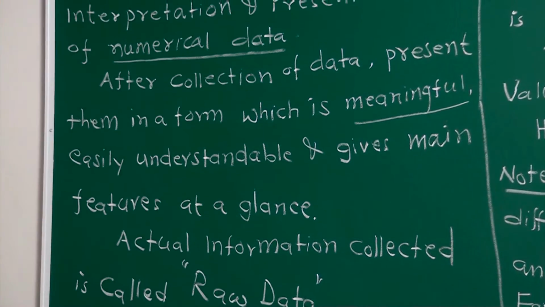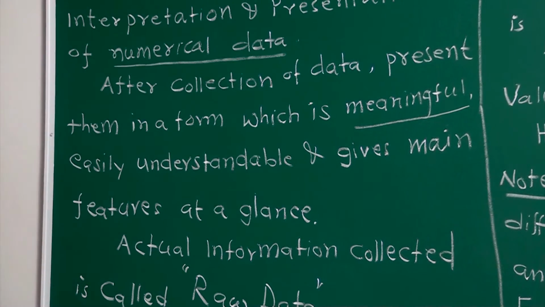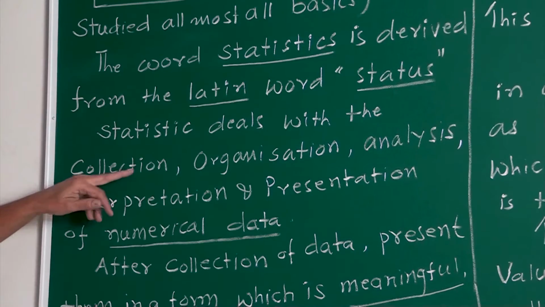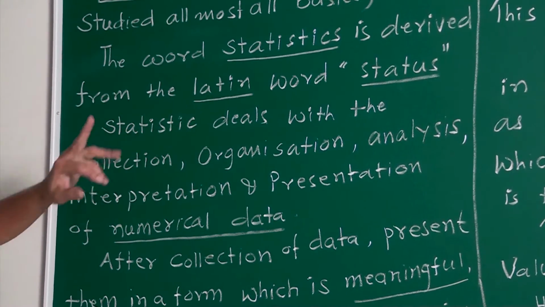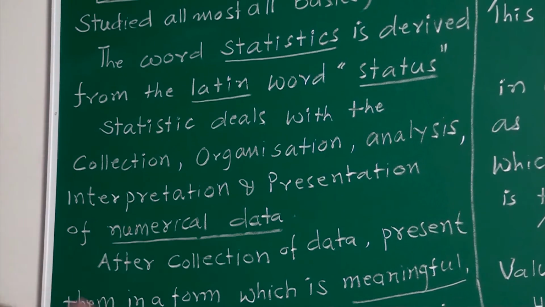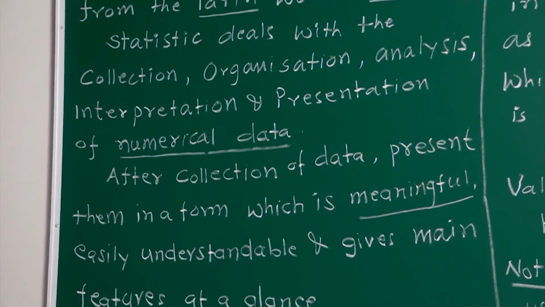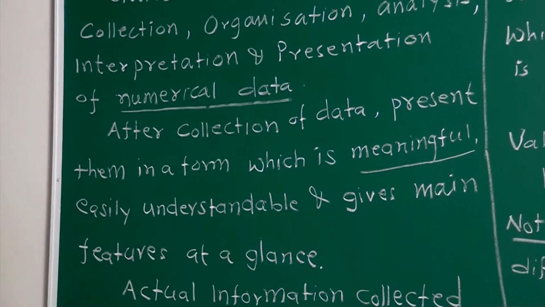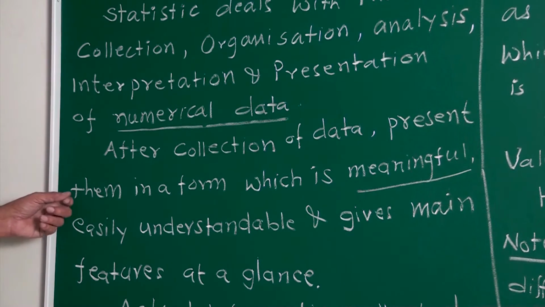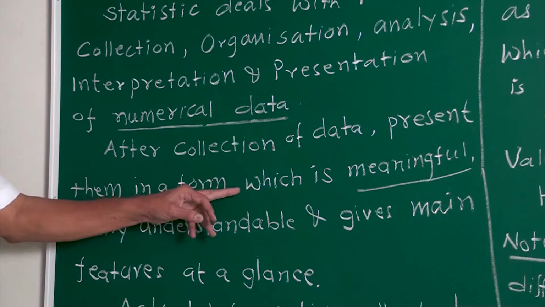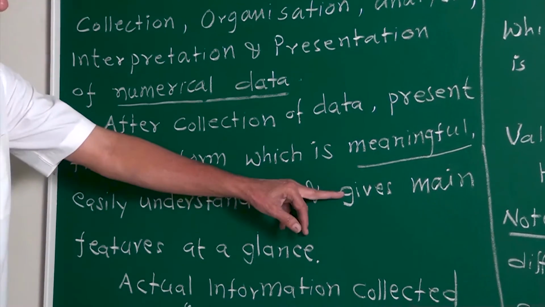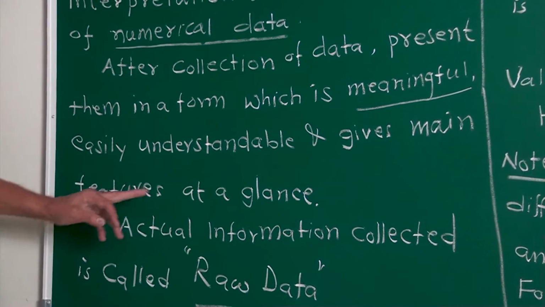First, after the collection, statistics deals with collection, organization, analysis, interpretation and presentation of this numerical data. After collection of this data, you have to represent them in a form which must be meaningful, easily understandable, and must give the main features at a glance.